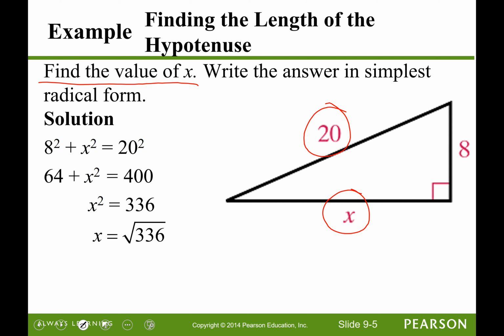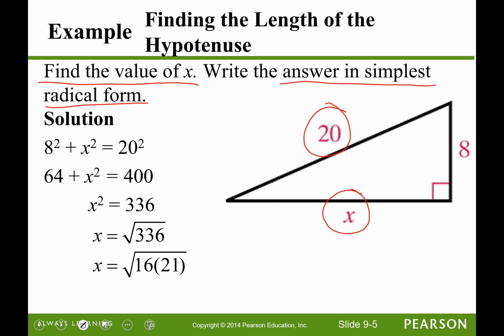Now 336, if you type it into your calculator, second square root 336, it's about 18.33, so like 18 and a third, which is not a whole number. It's an irrational number that goes on, and our directions say to answer in the simplest radical form.